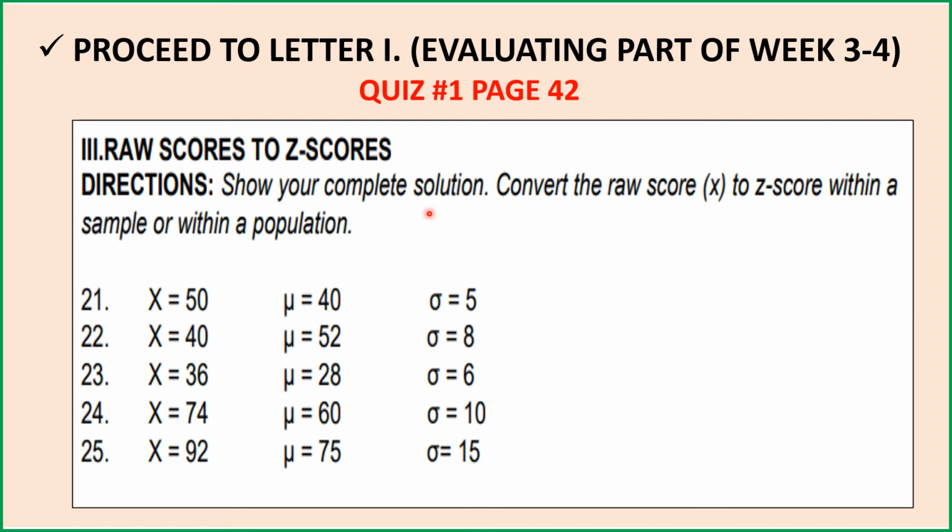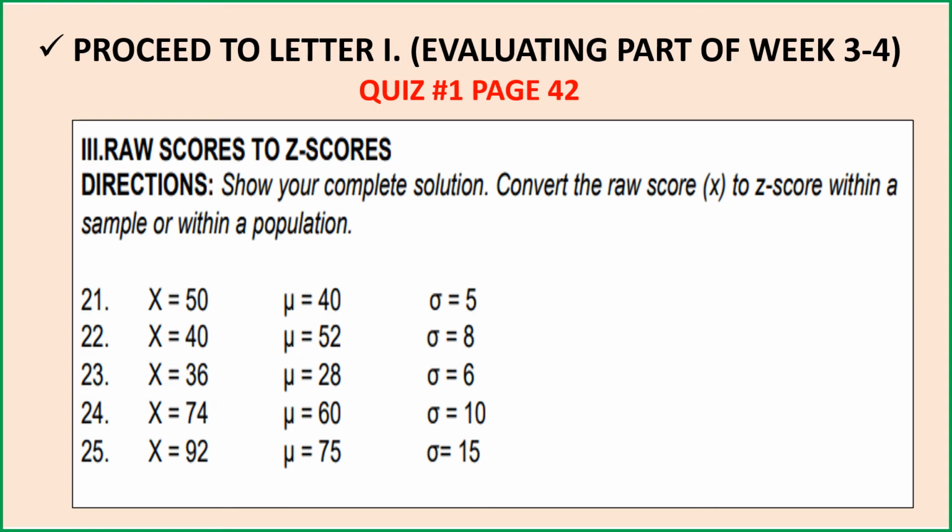Just remember the formula, ilagay yung formula, then substitute, then simplify your answer. And wala namang sinabi dito na round off your answer in two decimal places, but I think if ever na may decimals sila, just round it off to two decimal places.